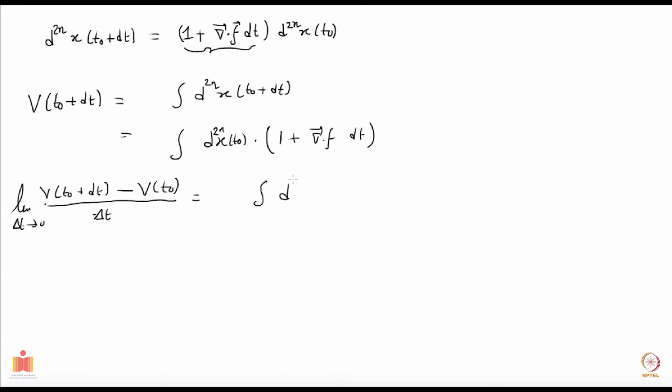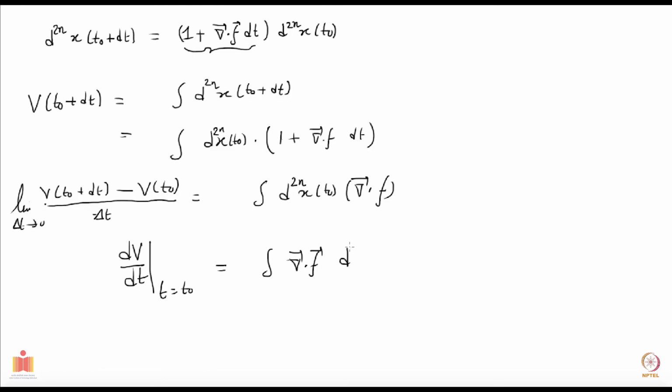So you have the integral over the volume element of divergence of f. So dV over dt evaluated at time t equal to t_0 is the integral of divergence of f times d^2n x at t_0.